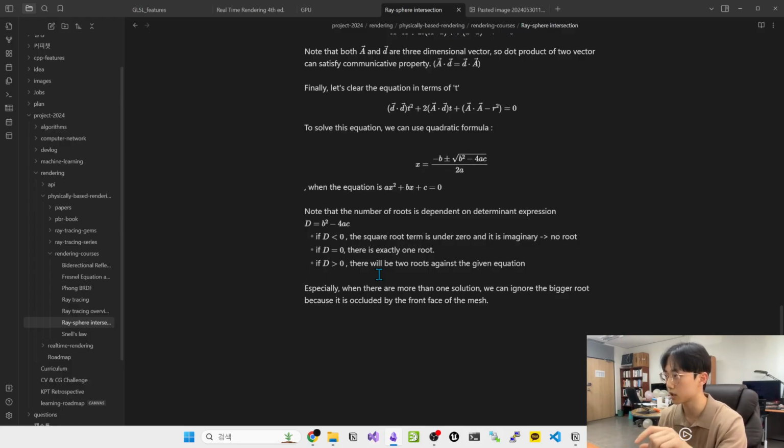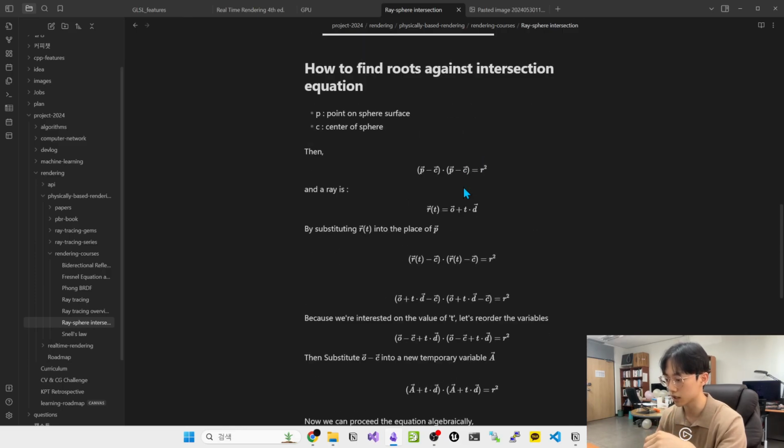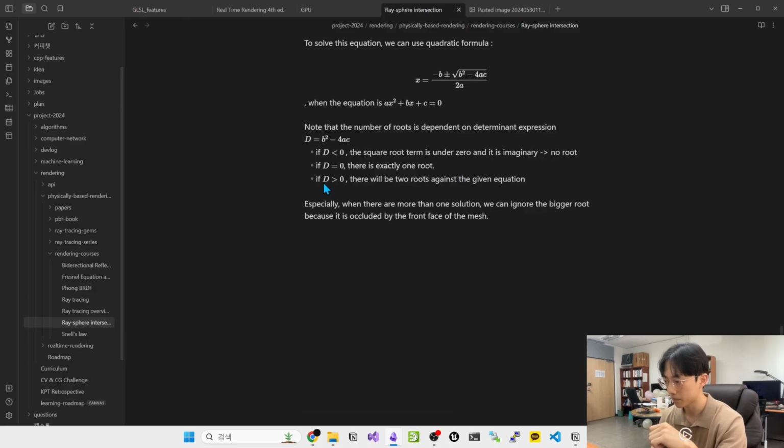When the determinant is exactly equal to 0, the square root term will be discarded, and we only have a single root. It means that it's exactly the same as the one hitting point in the intersection event. For the last case, where the determinant is bigger than 0, there will be two roots for the given equation.